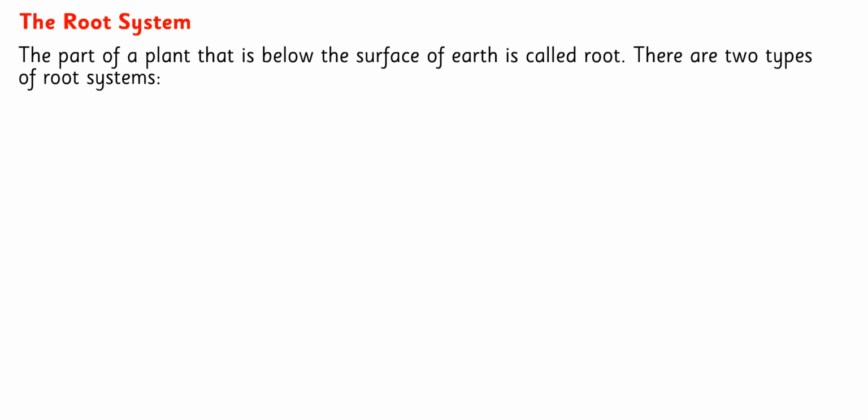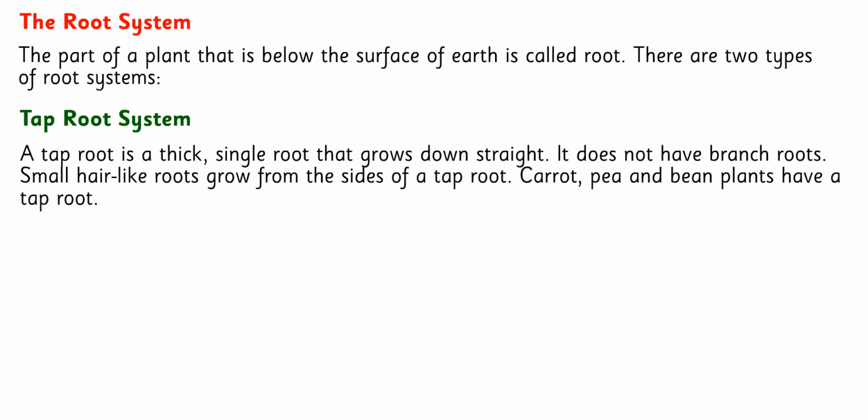The root system. The part of the plant that is below the surface of earth is called root. There are two types of root systems. Taproot system. A taproot is a thick single root that grows down straight. It does not have branch roots.